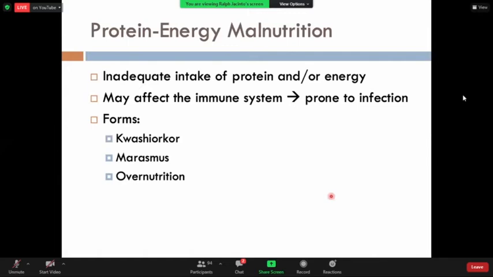So usually this may affect the immune system, which may result in recurrent infection. Okay, so there are forms of protein energy malnutrition. The first two would be the undernutrition, kwashiorkor and marasmus. And the third one would be overnutrition.